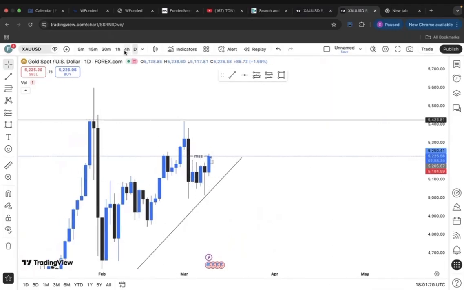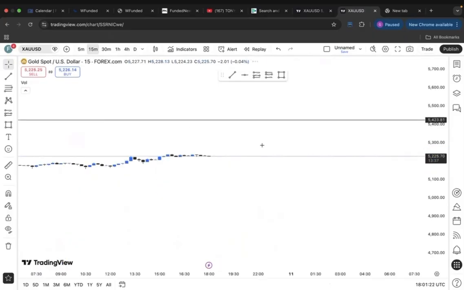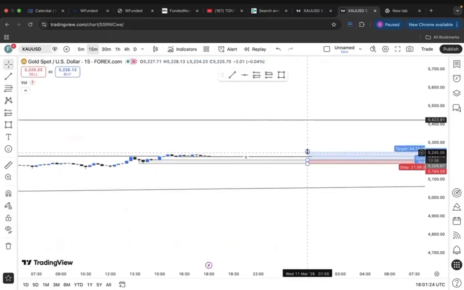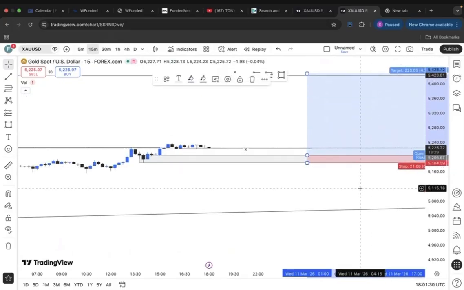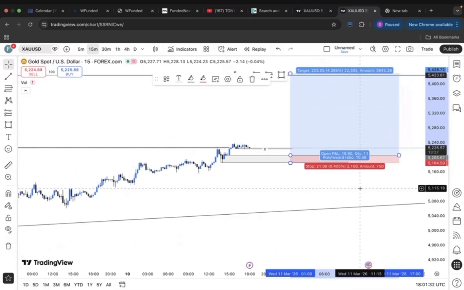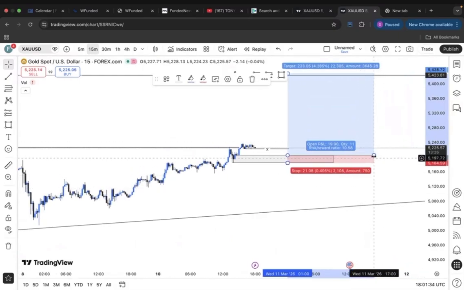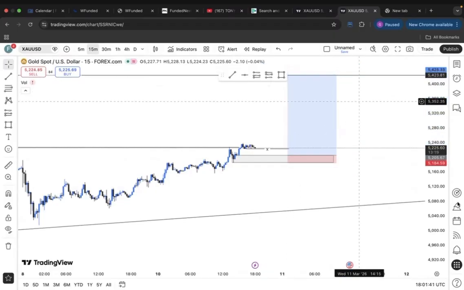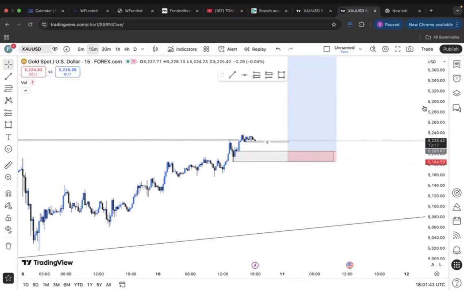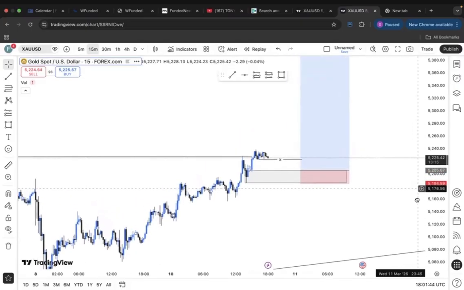I'll go to 15 minutes, just adjust my take profit to that recent high. Because if price is in an uptrend, it gives us higher highs, higher lows, higher highs, higher lows. So I'm expecting that price will break past this higher high and give us a new higher high, right? Break that key level and give us a new higher high.